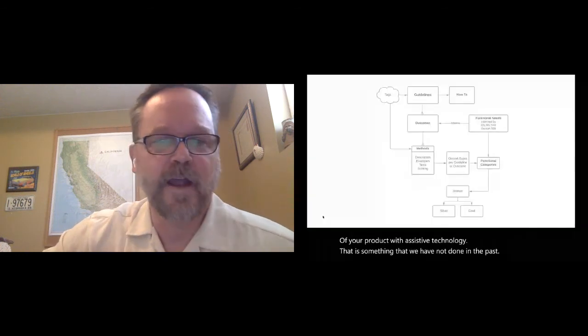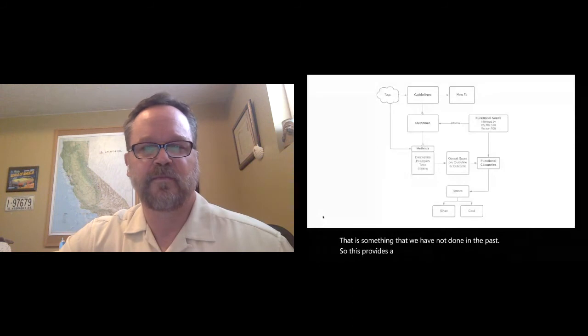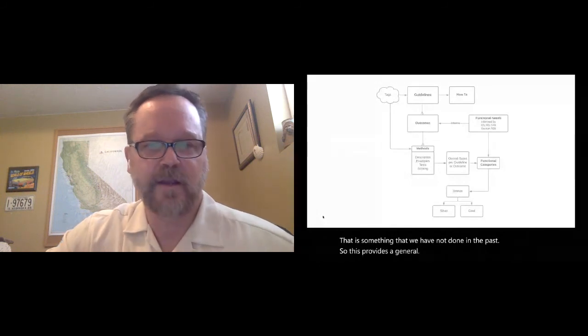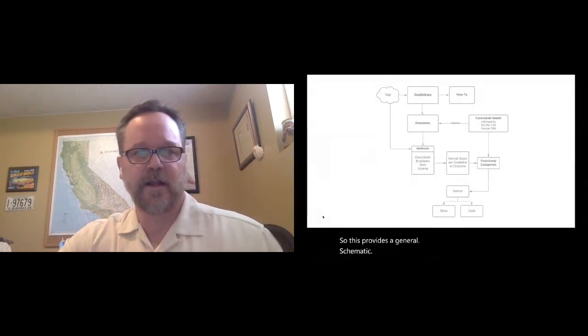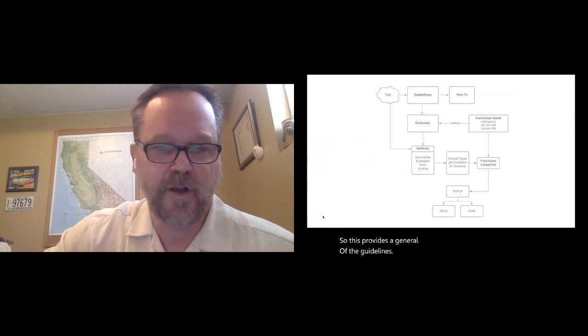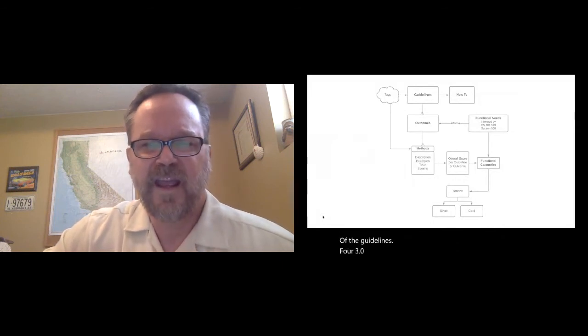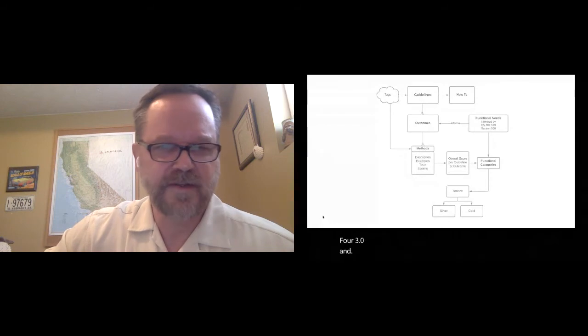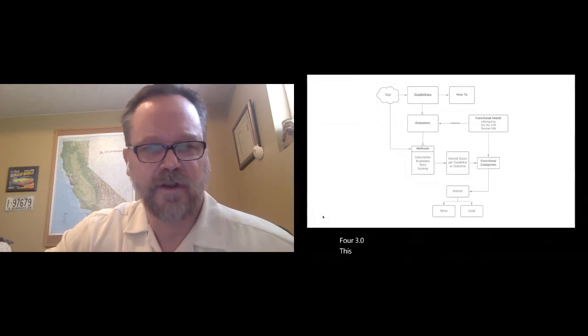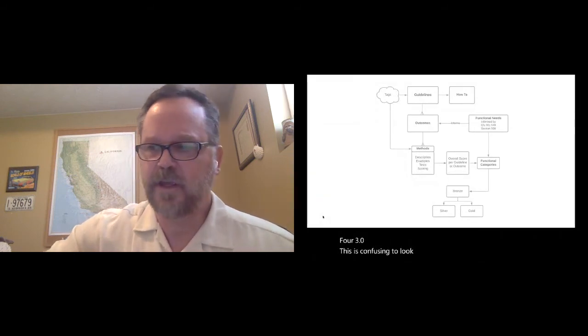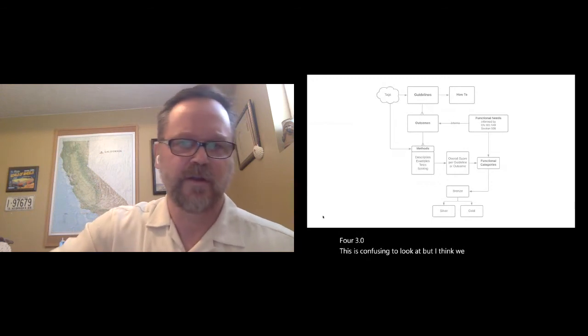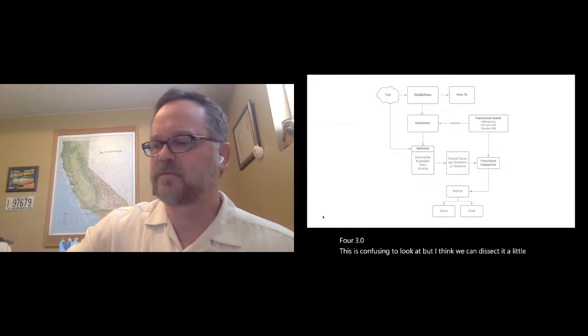So this provides a general schematic of the guidelines for 3.0. And this is confusing to look at, but I think we can dissect it a little bit to help it make more sense.